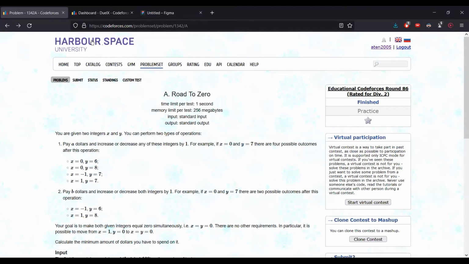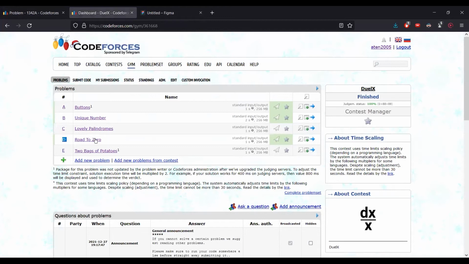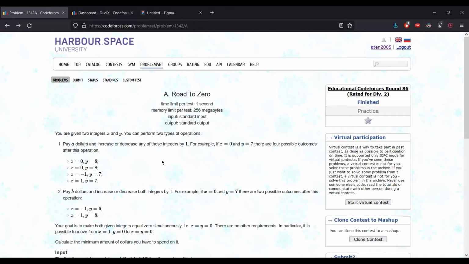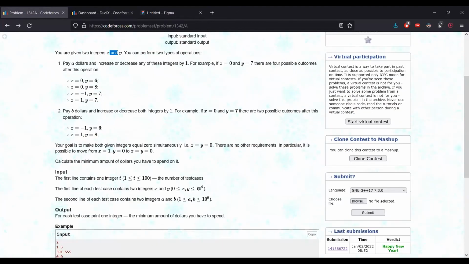This is problem number 4, D. You are given two integers, x and y. You can perform two types of operations. If you look at the input constraints, x and y are more than or equal to 0 and less than or equal to 10 raised to the power 9.